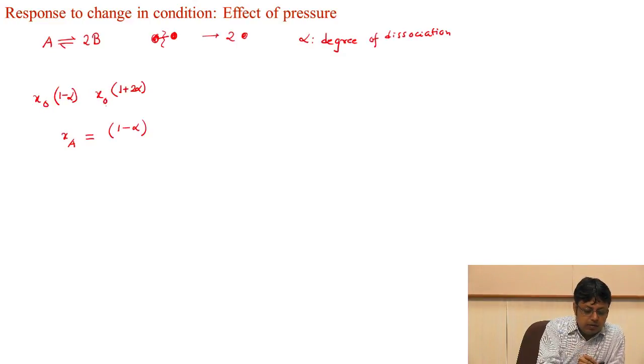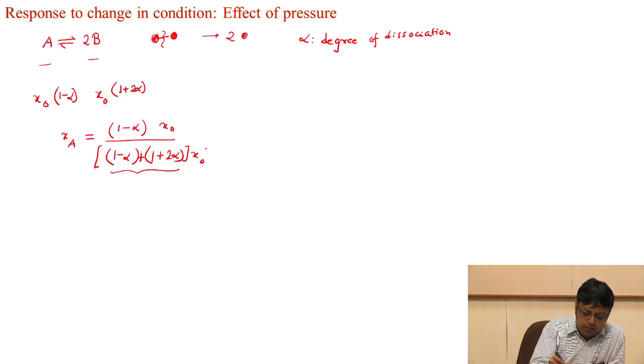So XA by X0 will be 1 minus alpha divided by the total number of moles, which is 1 minus alpha plus 1 plus 2 alpha. Of course you have to multiply it by X0, times X0 and times X0.